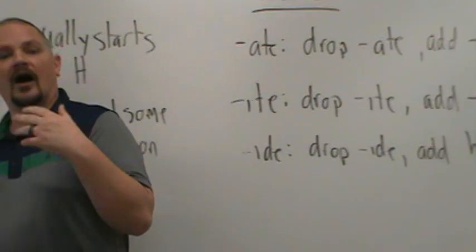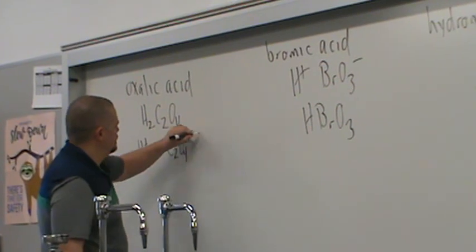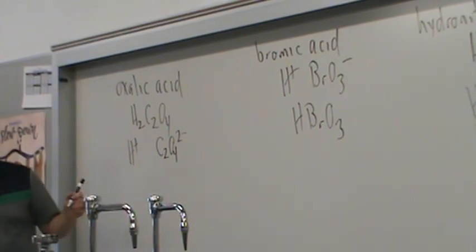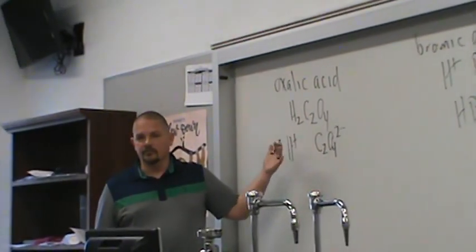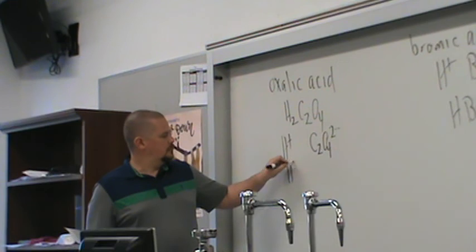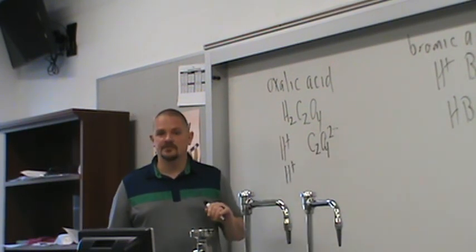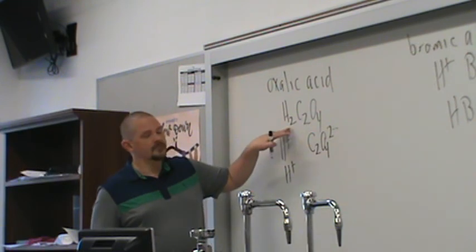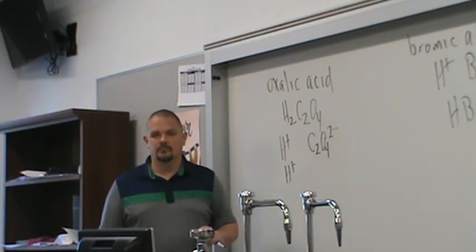We're looking for oxalate. Oxalate's formula is C2O4 with a -2 charge. Looking at +1, -2, the least common multiple is 2. We need 2 hydrogen ions to cancel out the -2 charge from the oxalate. So that's why our formula is going to be H2C2O4. Okay?